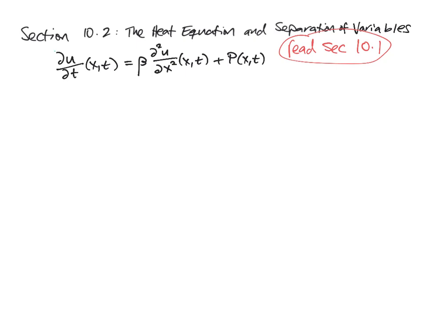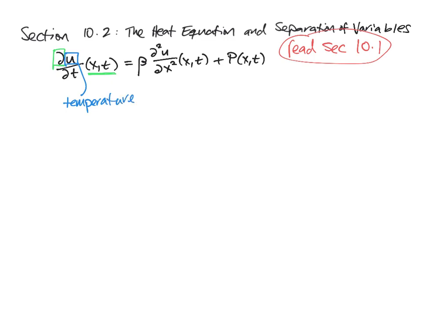And we see we have our partial derivatives here because we have a function that is of two variables. And so I guess first let's say what our u is. So u represents the temperature in a wire.